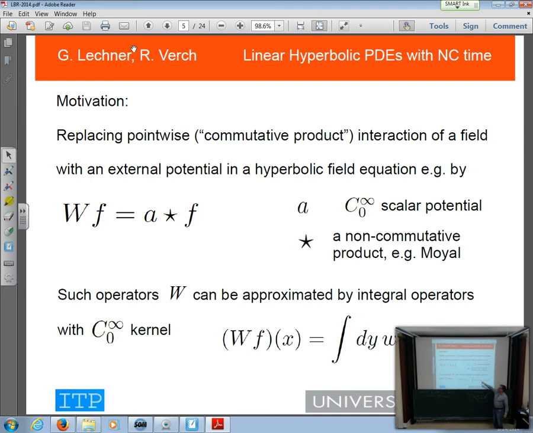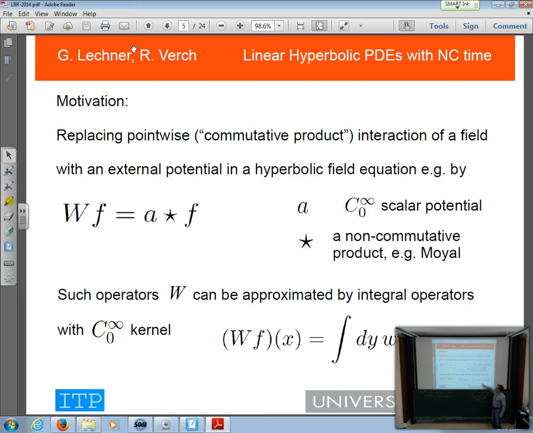So instead of pointwise multiplication with a function as the action of the potential, you replace it, let's say, by the Moyal product, where the deformation matrix has full rank, so it really does something non-commutative with the time as well.